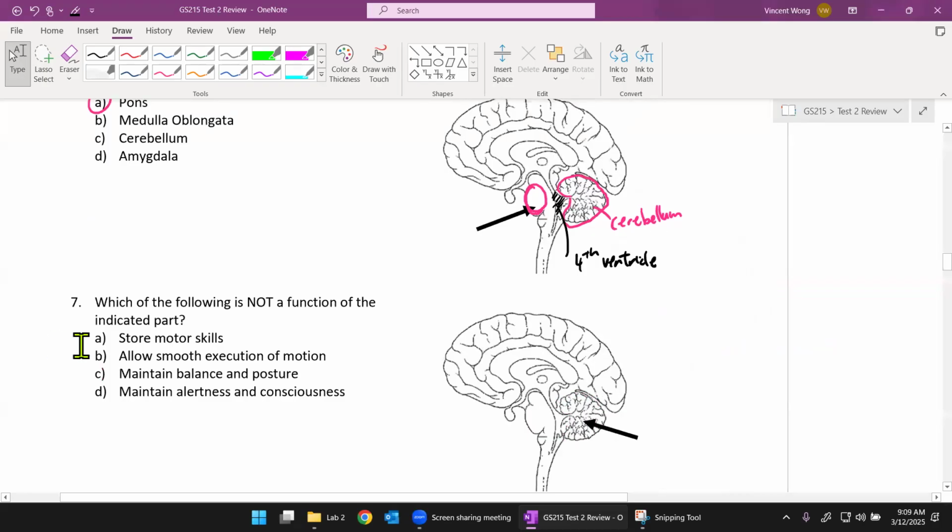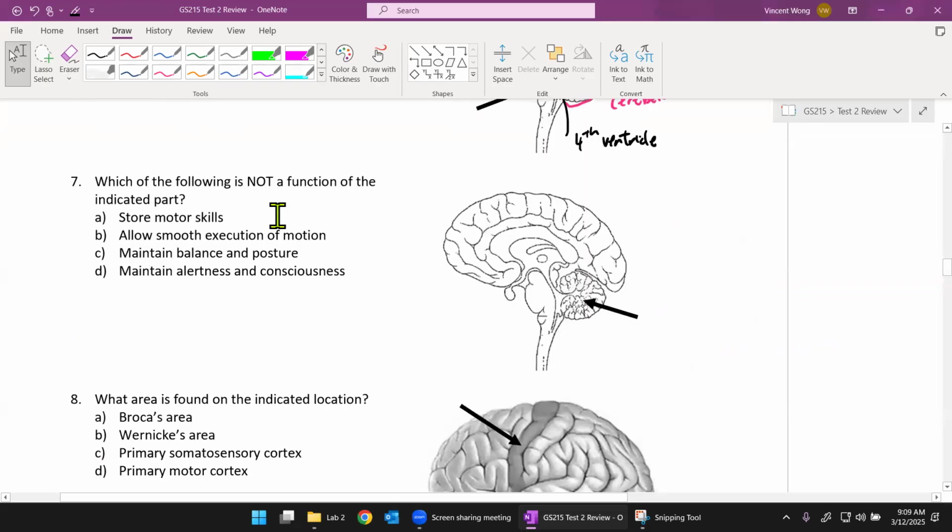Which of the following is not a function of the indicated part? So that's the indicated part, right? And we know that's the cerebellum. So it stores motor skills. We wrote it down, right? Allows smooth execution of motion, maintains balance and posture. Maintain alertness and consciousness, that's not it.